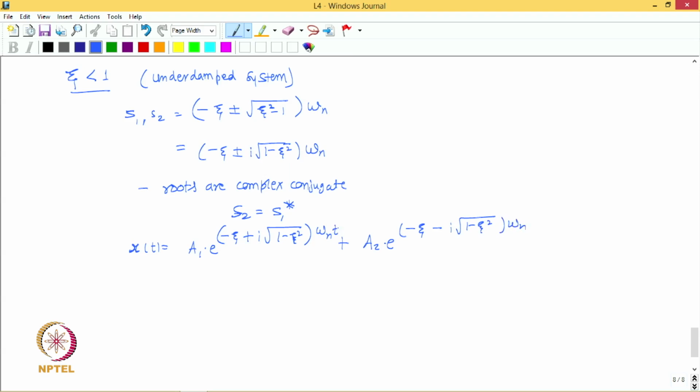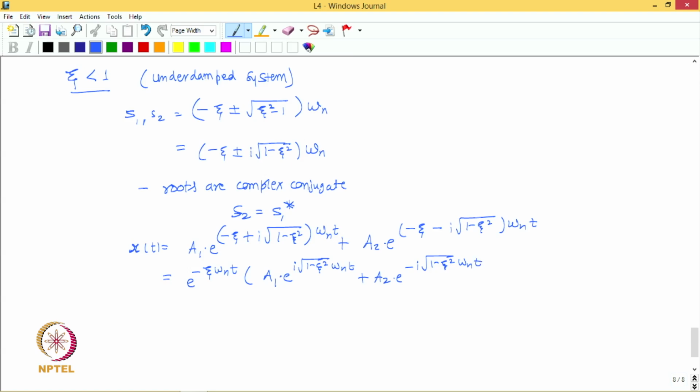Of course, I am missing t here. That is the general solution, and I can take e to the power minus zeta omega n t common, and then I am left with A1 e to the power i square root of 1 minus zeta square omega n t plus A2 e to the power minus i square root of 1 minus zeta square omega n t.